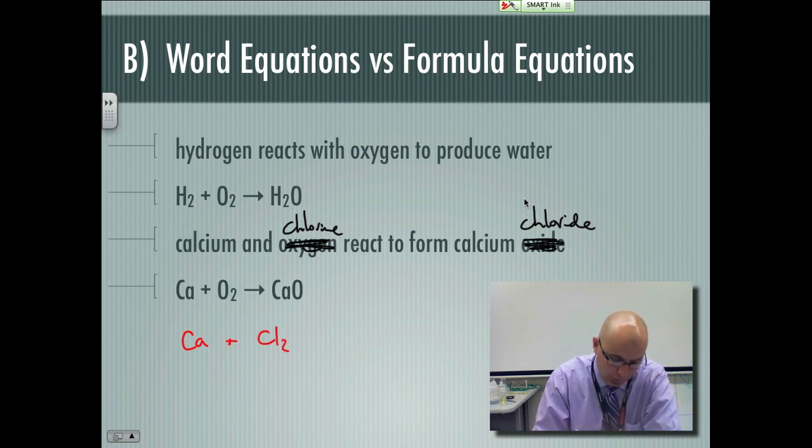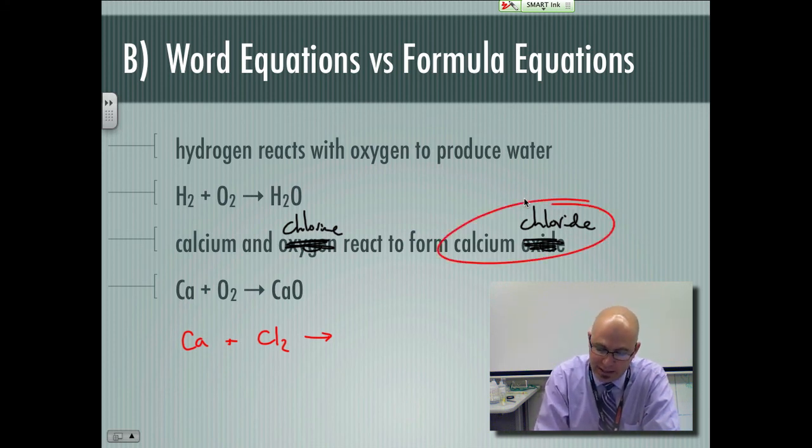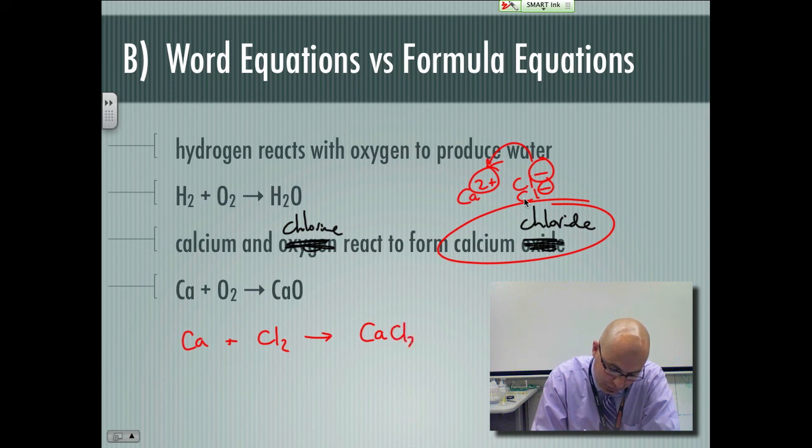Reacts with chlorine. Chlorine is one of those diatomics, so it's Cl2. And then calcium chloride: you might want to take a second to say calcium's a 2+ charge, and chlorine, which I look up on the periodic table, is a 1-. We've got our 2+ and 1-. I need 2 chlorines to balance that 2+ charge, so CaCl2.